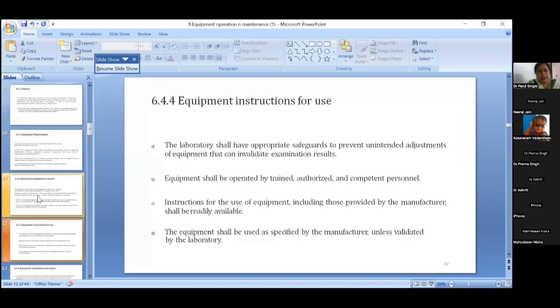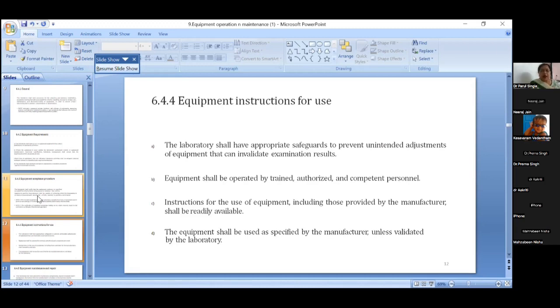Equipment shall be operated by trained, authorized and competent personnel. It means when you are placing a new equipment, you should train your staff on it, you should have a list of who all have trained on it. You should authorize them once training was done, and only the competent personnel is allowed to use that equipment. Instructions for use of equipment, as we have said, as per the manufacturer instructions, they should be readily available.